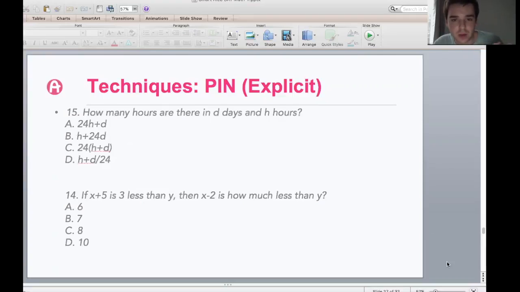So if there's one day, that's 24 hours plus 3 hours, 27. That's a random number. I just chose that. But if I go through all of those options and I plug in D equals 1 and H equals 3, there's only one answer that it's going to be. In this case, letter B, H plus 24D, because 3 plus 24 is 27.